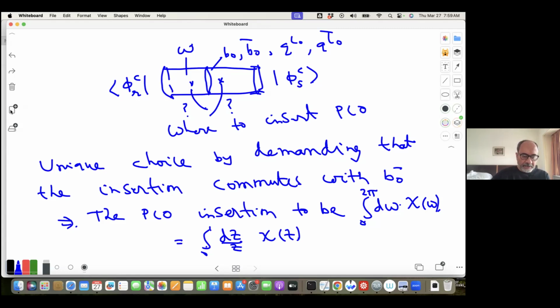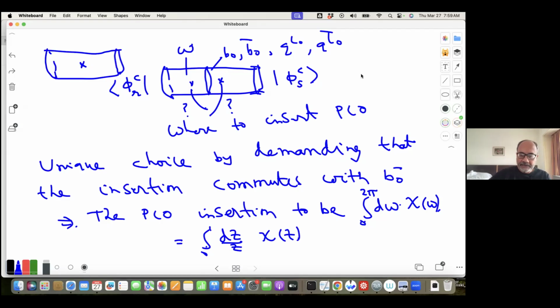So what this should be interpreted as is the following: suppose you have a cylinder like this. We have been thinking that a PCO should be inserted somewhere. But as we had seen, it doesn't have to be inserted at one point.